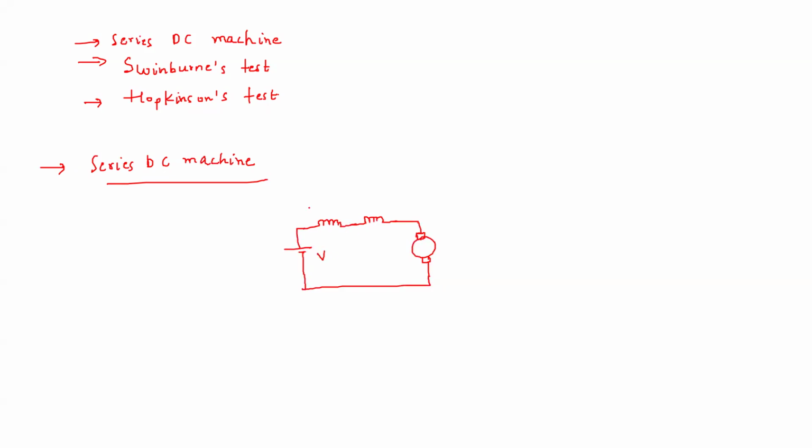Suppose this is a motor. So here this is IA, which is also equal to I field, which is equal to IL. This is EB.